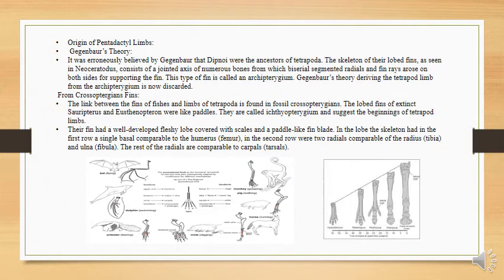Their fin had a well-developed fleshy lobe covered with scales and a paddle-like fin blade. In the lobe, the skeleton had in the first row a single basal comparable to the humerus. In the second row were two radials comparable to the radius and ulna. The rest of the radials are comparable to carpals and tarsals.